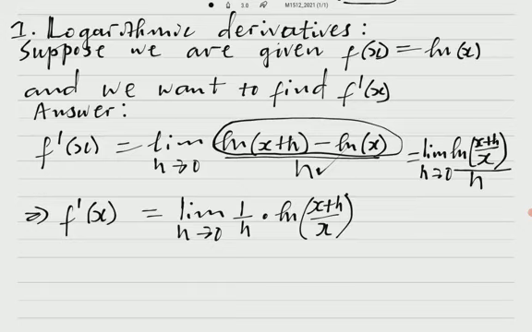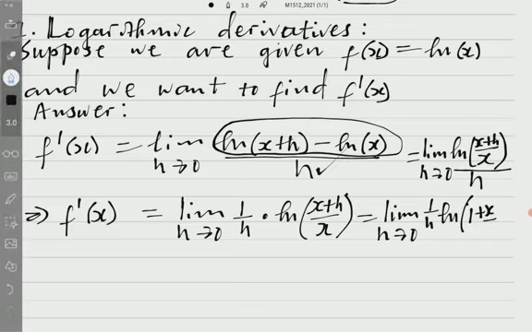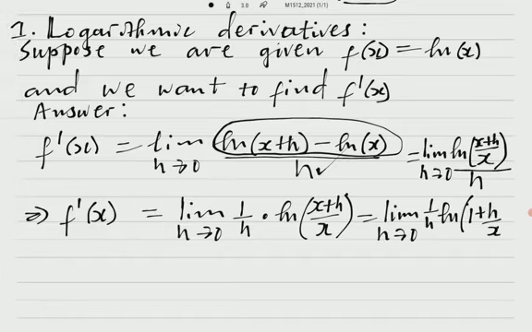And I can even make it look much better by writing it in the form of the limit as h goes to 0, you still have 1 over h, then you have ln of 1 plus h over x, by separating the two fractions right here.